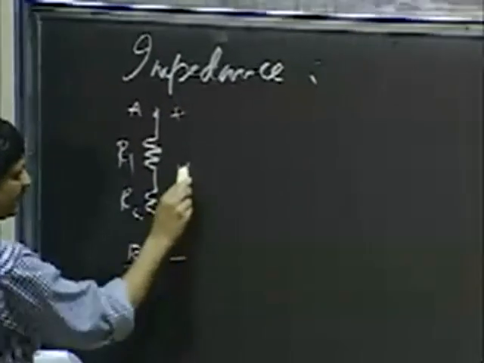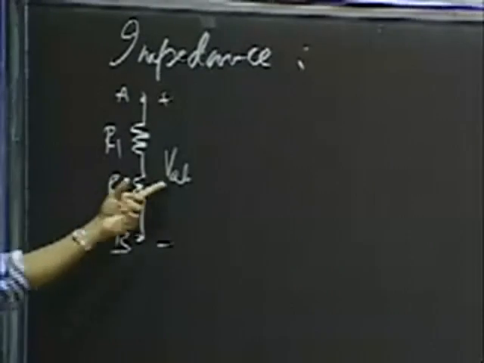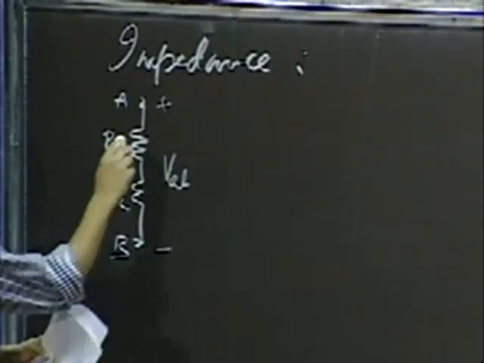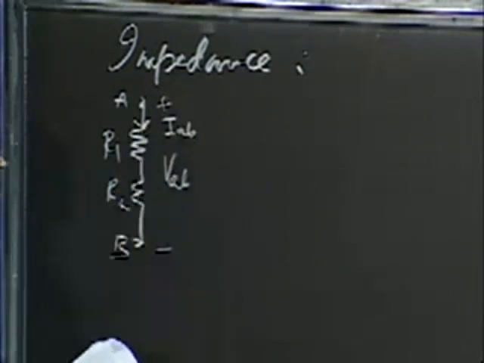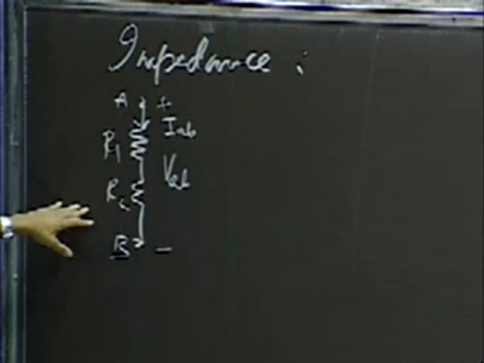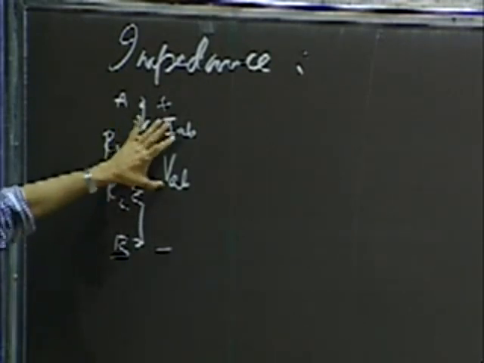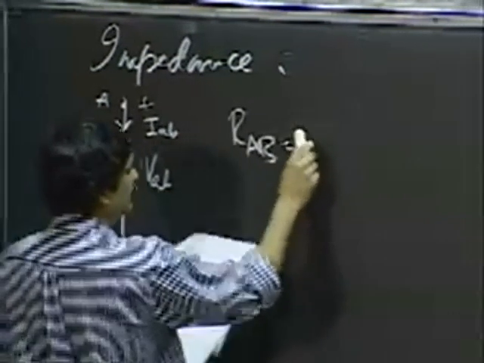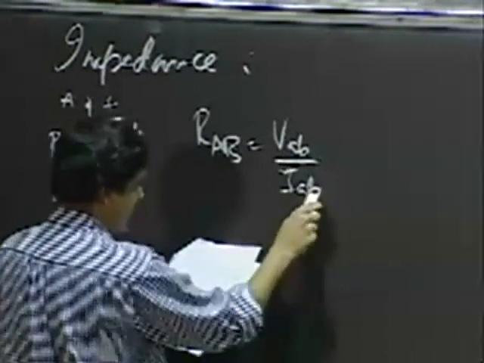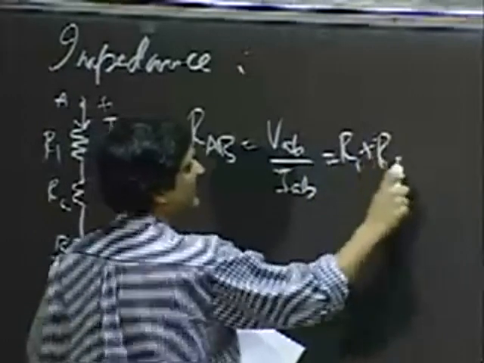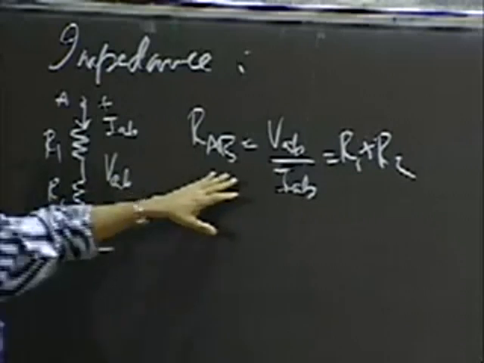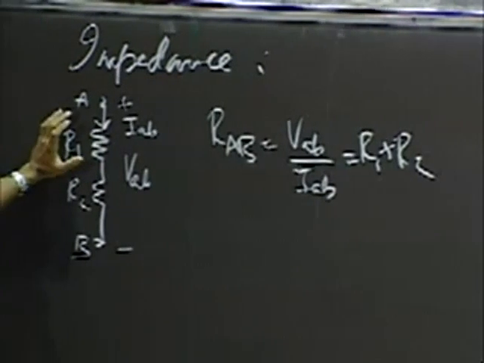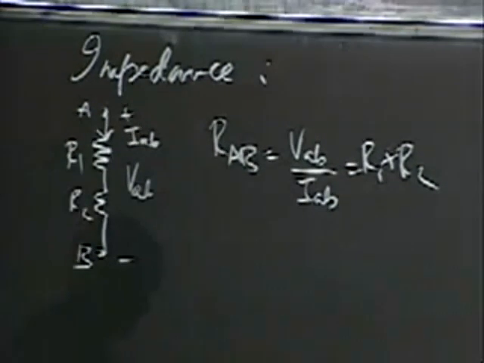And let's say the complex amplitude of the voltage across this was VAB, and IAB was the current. I can relate VAB and IAB as follows. Simply VAB divided by IAB equals R1 plus R2. Okay, I know that. And the same thing applies to R viewed as an impedance. Its impedance is still R, and so this still applies.